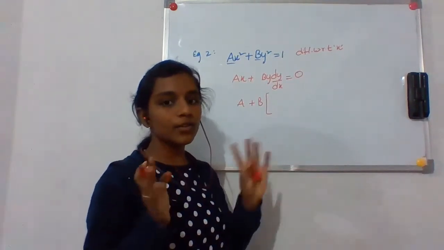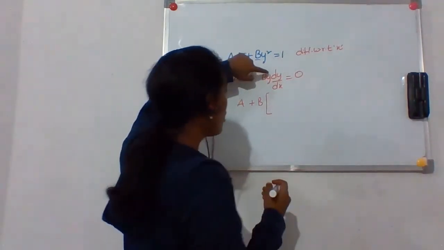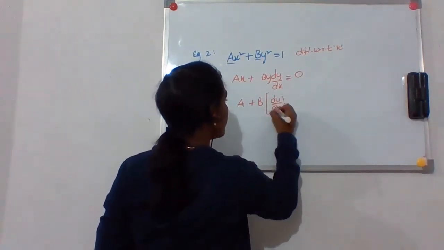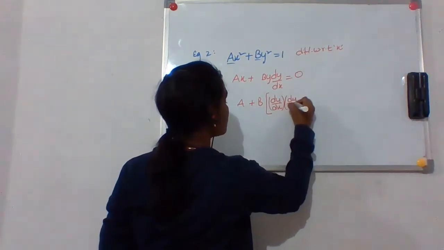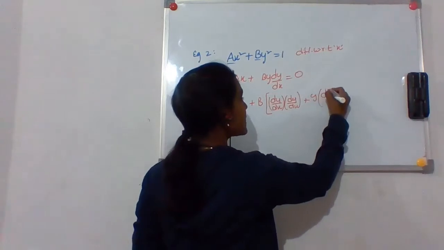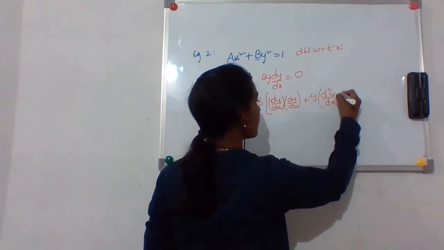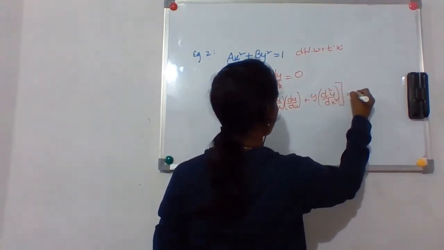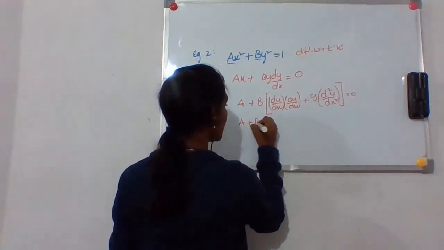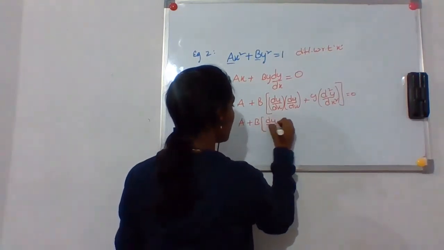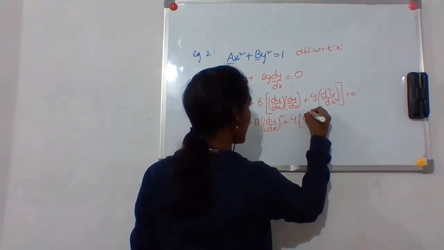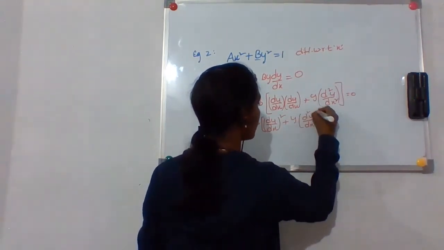First I'll differentiate y, I'll get dy by dx into dy by dx, plus y into d square y by dx square. Understand? That is it. So what is this? a plus b into dy by dx whole square plus y into d square y by dx square.